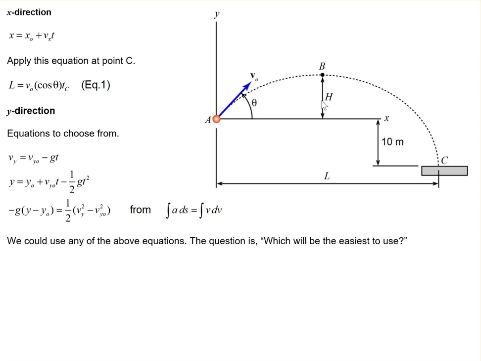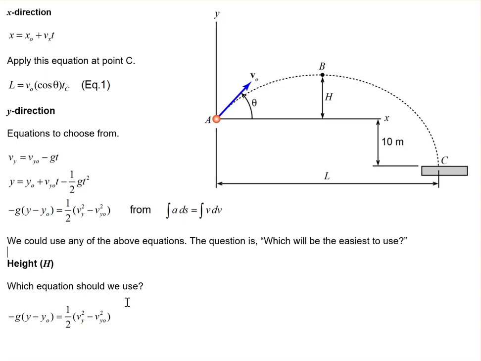So that would give us h, whereas the velocity equation would give us a time. We could use that, and then we could use the time in the position equation to get the position. But if we start right away with this third equation, it will give us position without having to find time. All right, so let's move on.